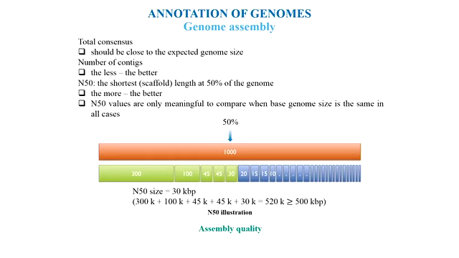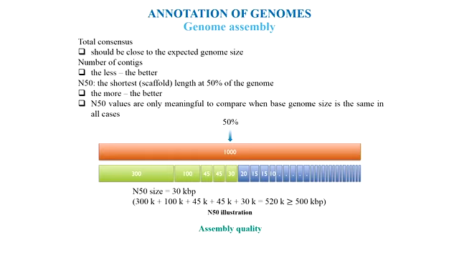The final step in de novo assembly is assessment of assembly quality. There are several criteria for such an assessment. For instance, total consensus should be close to the expected genome size. Another criterion is that the number of contigs must be as small as possible, and the last criterion is that N50 should be as large as possible.